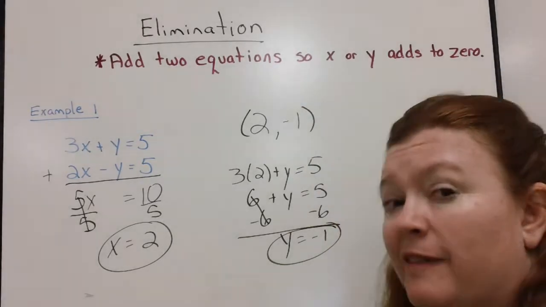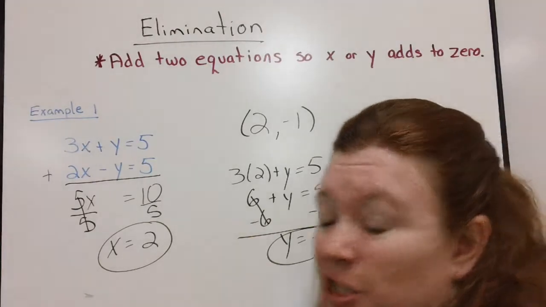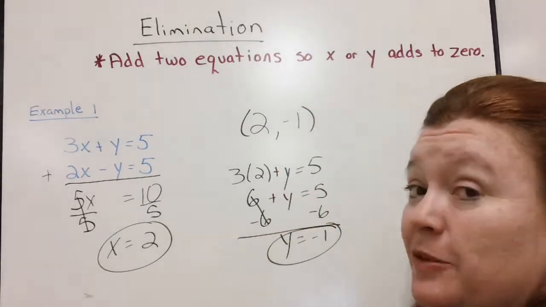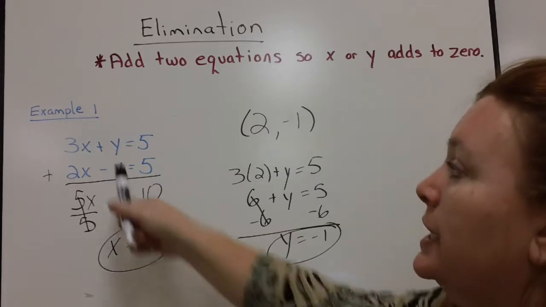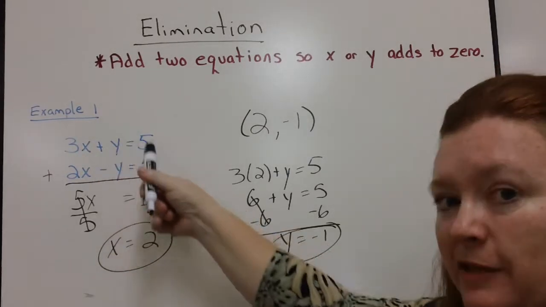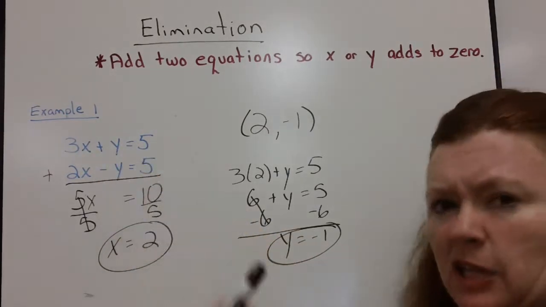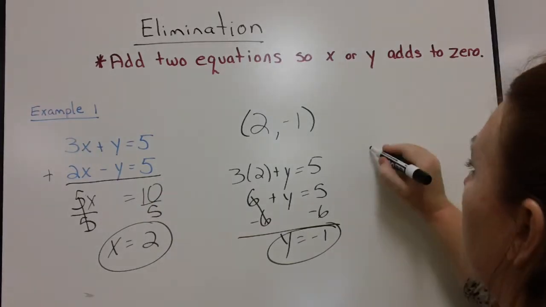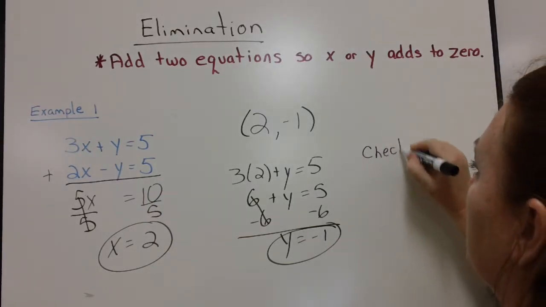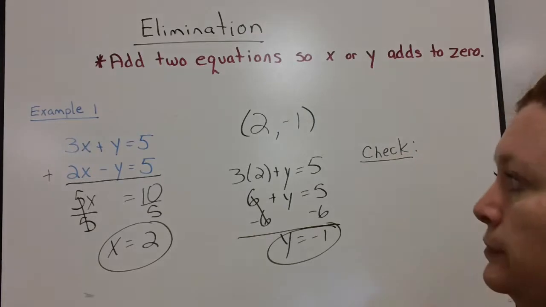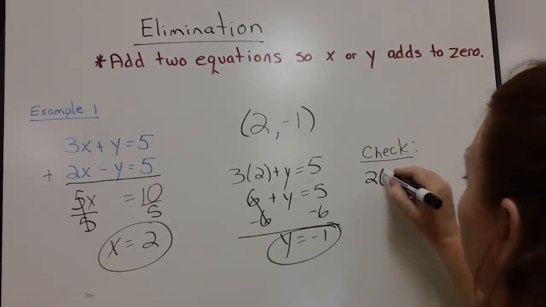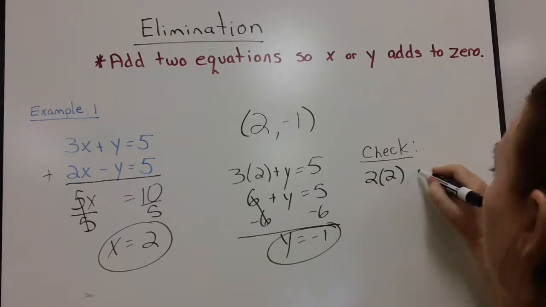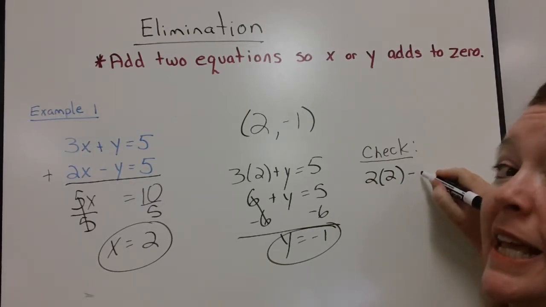But I want to know if I have the right answer. Just because I have an answer doesn't mean it's the right one. So I plugged this 2 into the first equation to figure out y. So I need to look at the second equation now. This is where I'm going to check my work. 2 times x, which is 2, I hope, minus y, which is a -1.